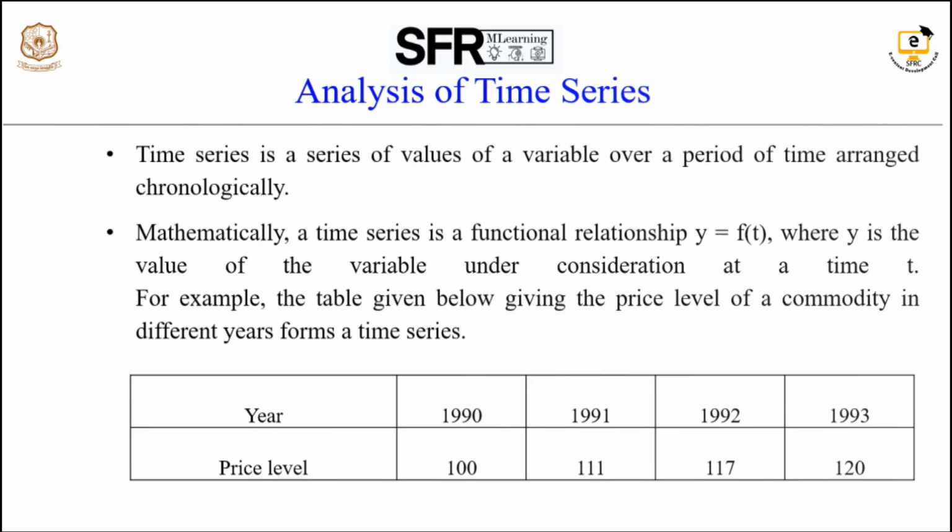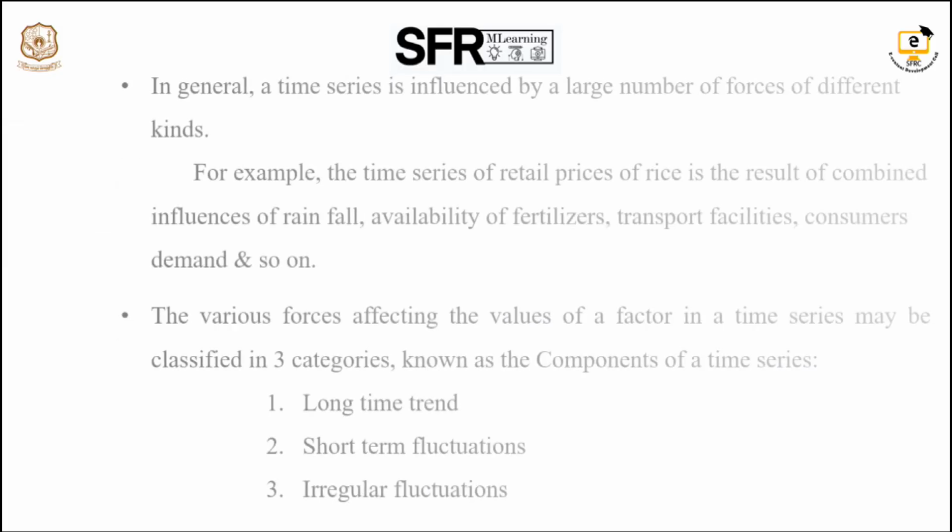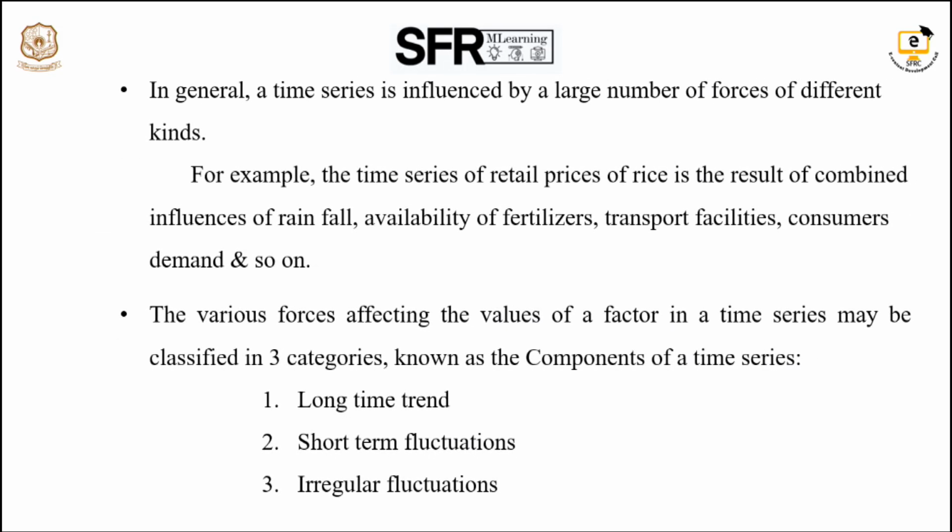How can we define a time series in general? A time series is influenced by a large number of forces of different kinds. What are the kinds? For example, take a time series of the retail price of a particular commodity, rice. Here the commodity is rice.